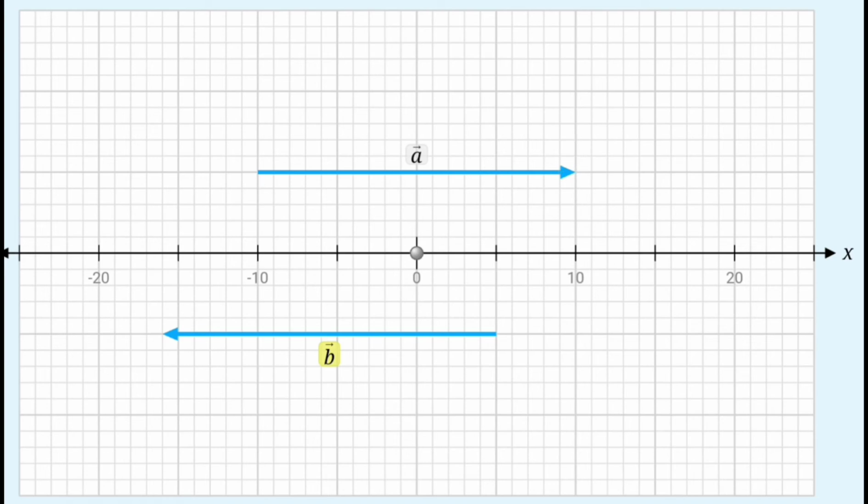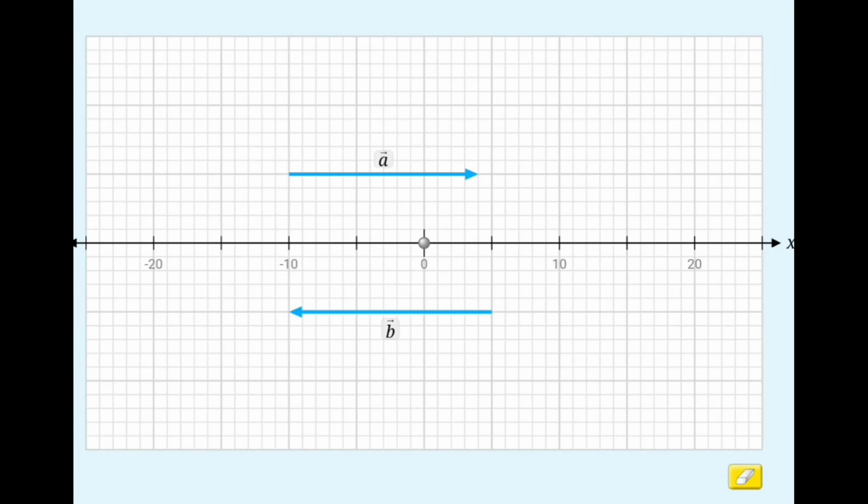The bigger the vector, the longer the tail is going to be. The vector is measured from the tail all the way to the end of the head. That's how big the vector is, okay? So the vector is always measured from the tail to its head. That's how big a vector is.